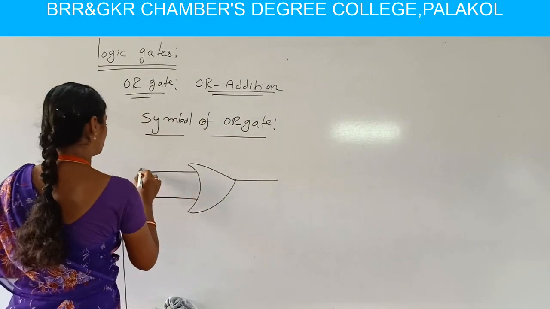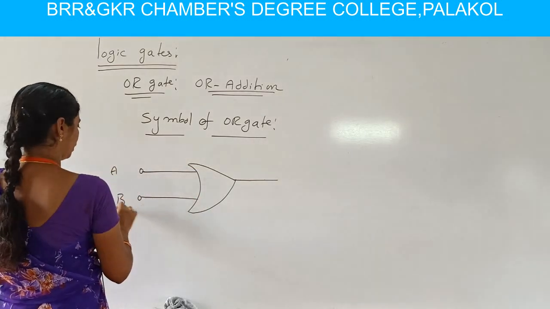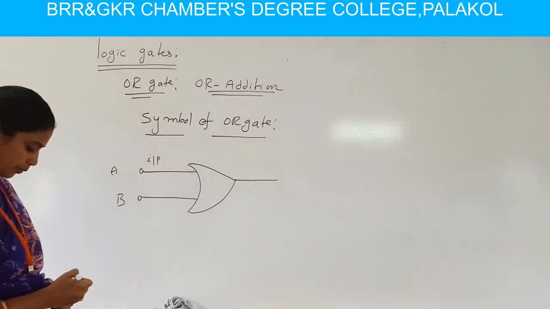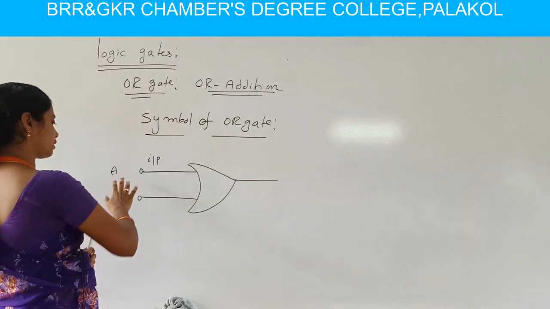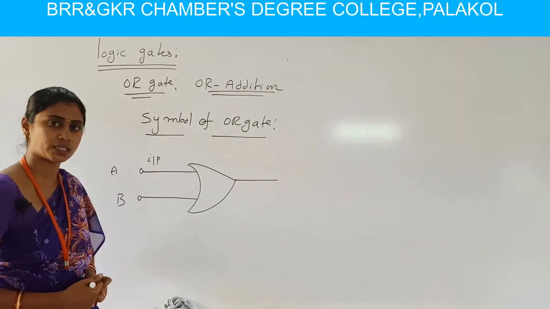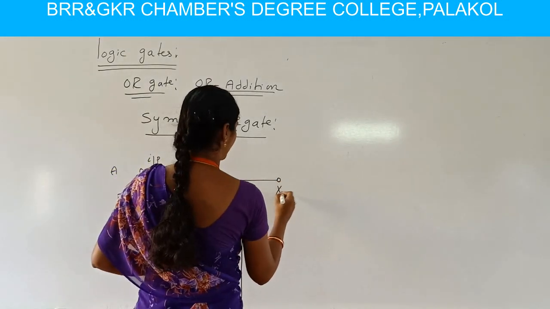I am drawing just a 2 input OR gate diagram. Here A is one variable and B is another variable. These 2 variables we considered as input, and the output is indicated with the letter X.